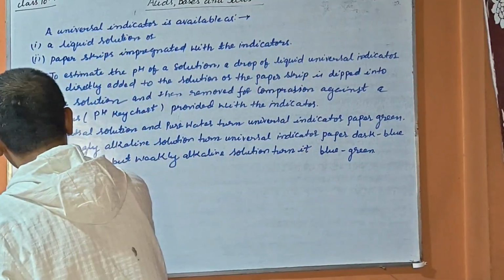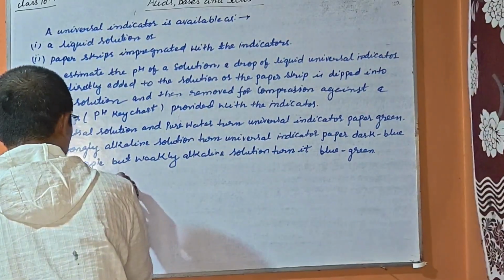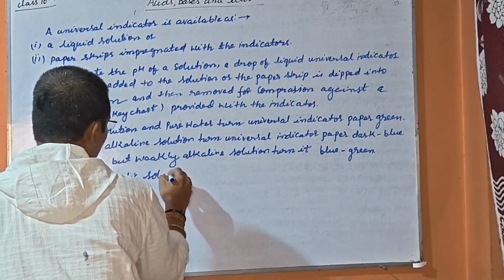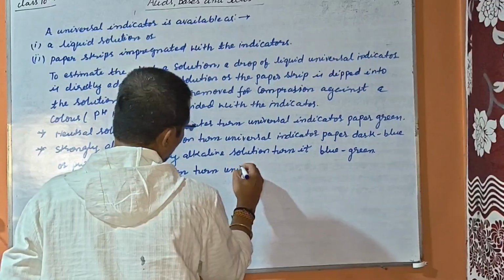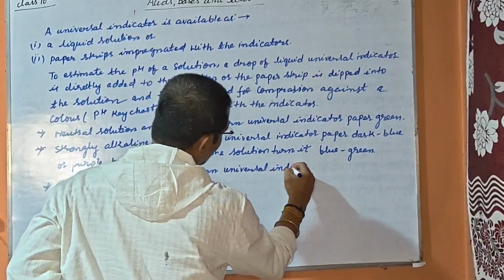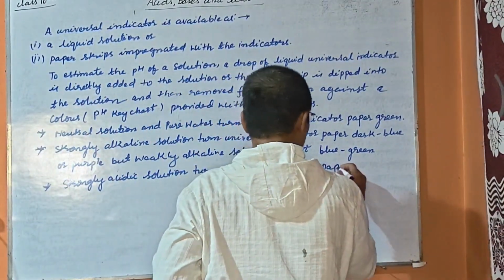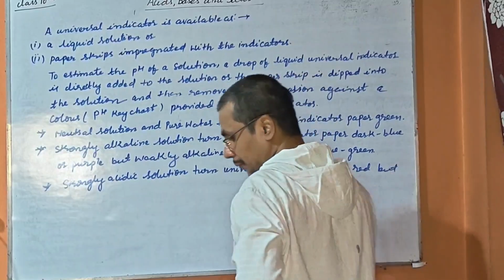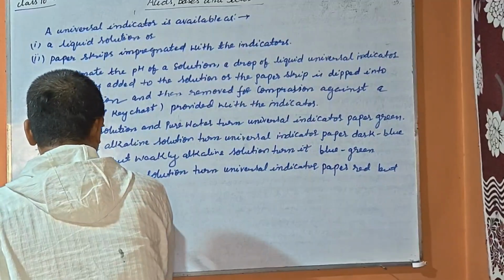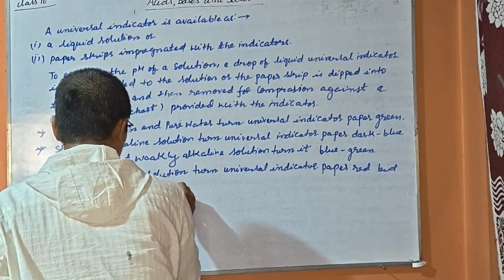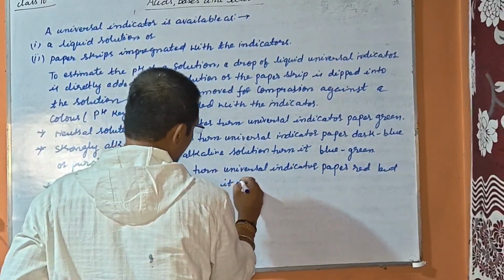And the last point, but not the least, for today's video: a strongly acidic solution turns universal indicator paper red, but a weakly acidic solution turns it orange yellow.